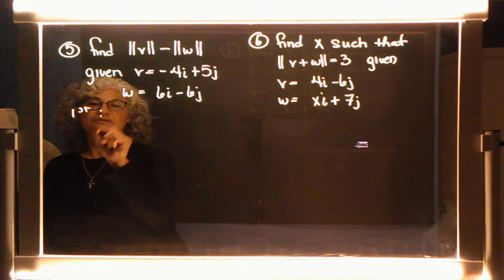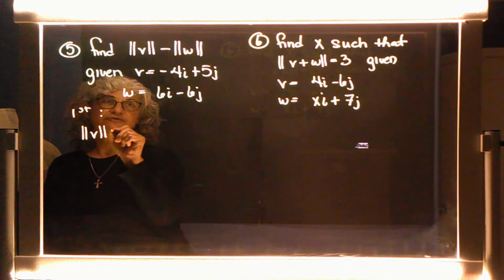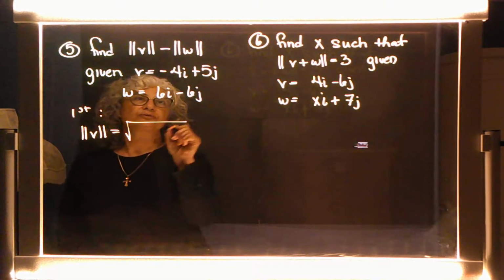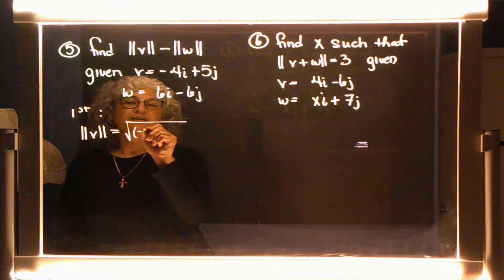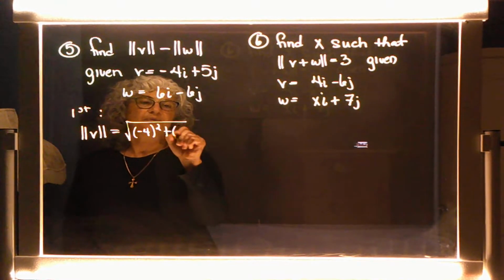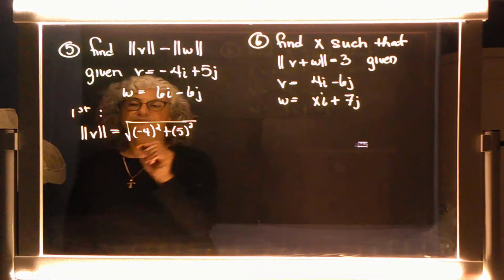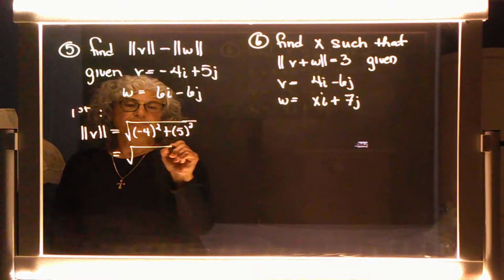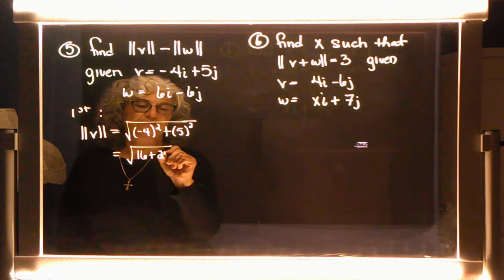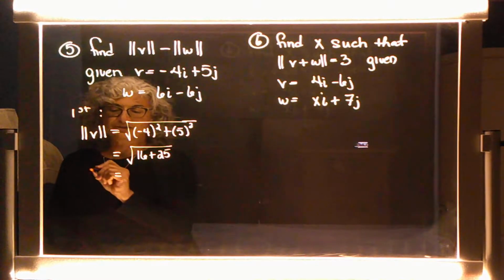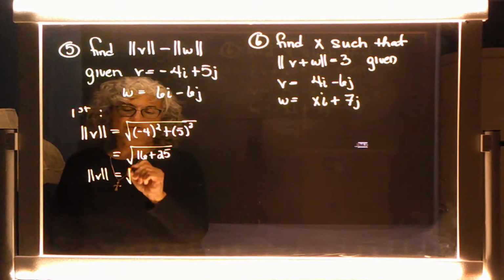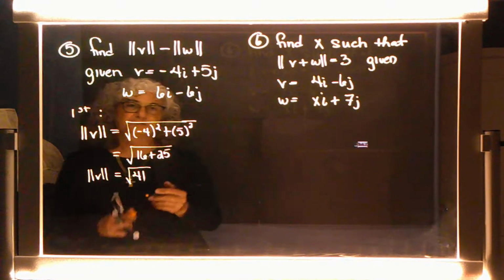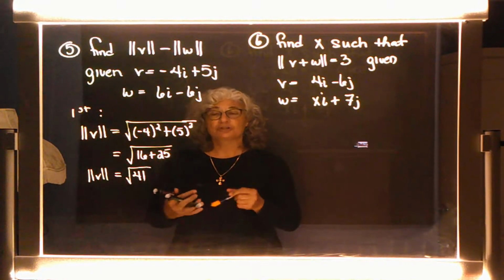First, I need the magnitude of vector v. Well, square root of the negative 4 squared plus 5 squared, which equals the square root of 16 plus 25. So the magnitude of vector v is equal to the square root of 41, isn't it? Good.